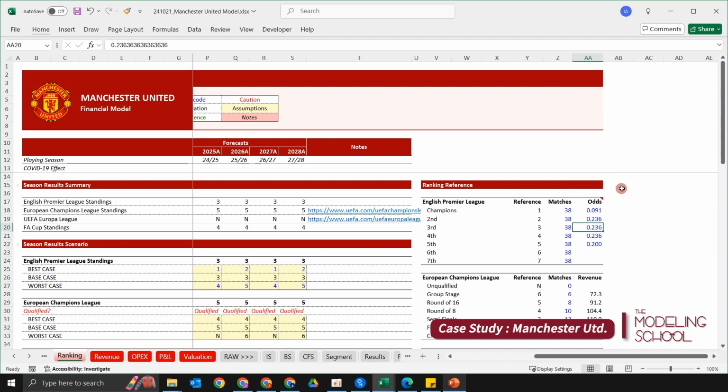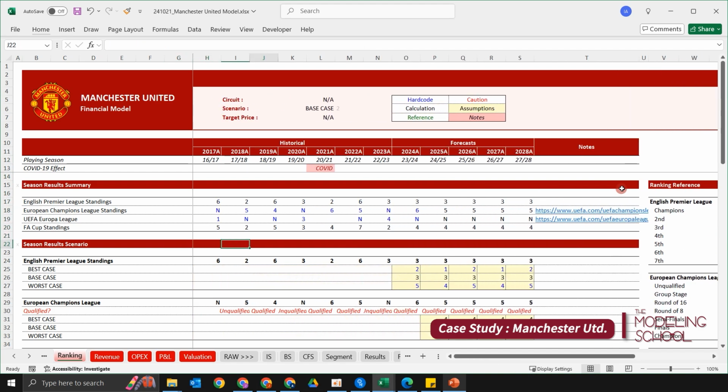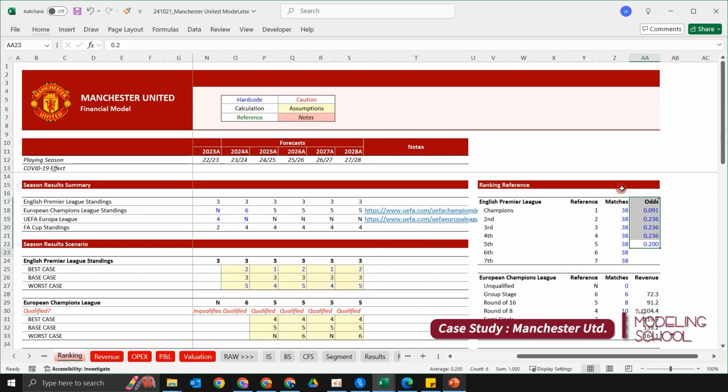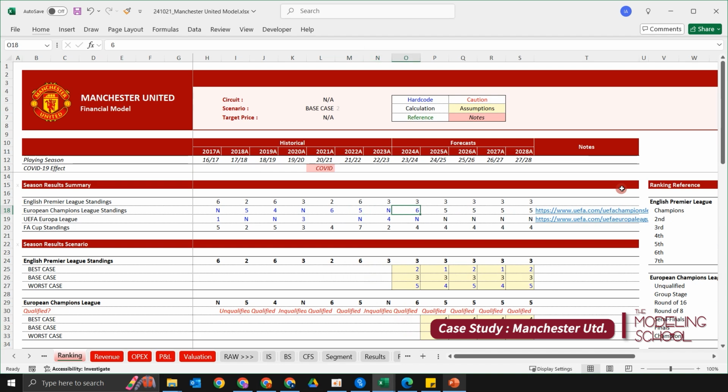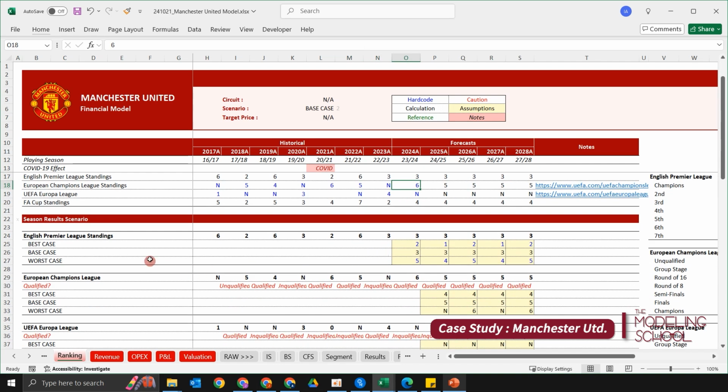So these could be very handy when forecasting the rankings of Manchester United, because these people really put in a lot of effort to come up with these numbers. So I think maybe it's best practice to use those numbers. But of course, that can be our base case, but we also have our best case and the worst case.